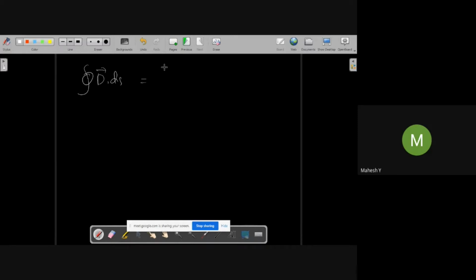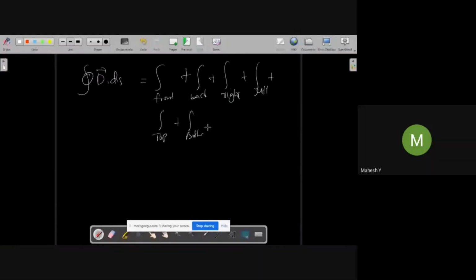We have to evaluate it on front plus back plus right plus left plus top plus bottom. We have to evaluate on all the surfaces, add all of them and find the expression.